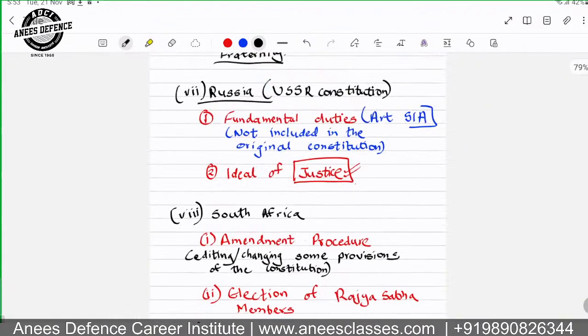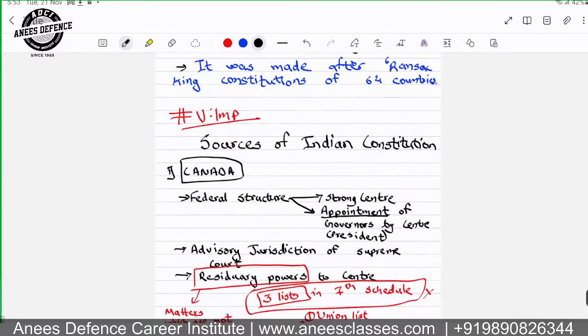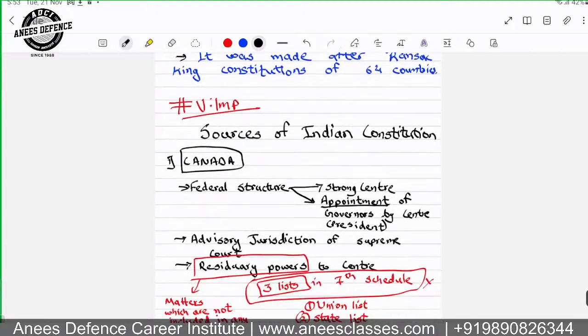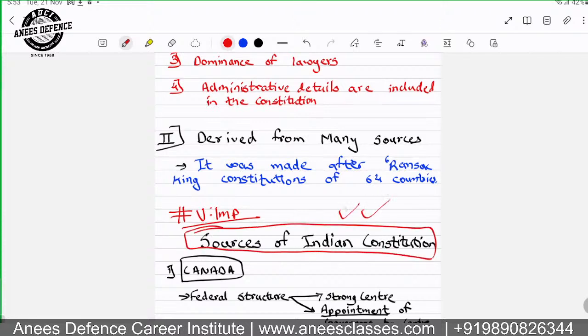This is all for today. Let us give a very fast review of what all we have done today. So today we have completed the sources of the Indian Constitution. This is very important from the exam point of view.